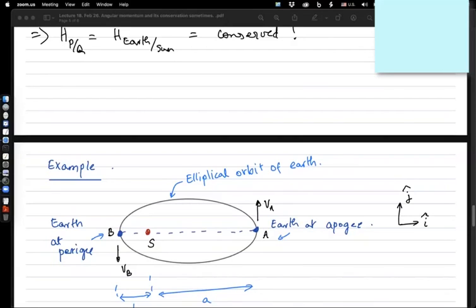These positions have certain names. I think the furthest point is called the apogee. The closest approach is called the perigee, sometimes called perihelion, I think.